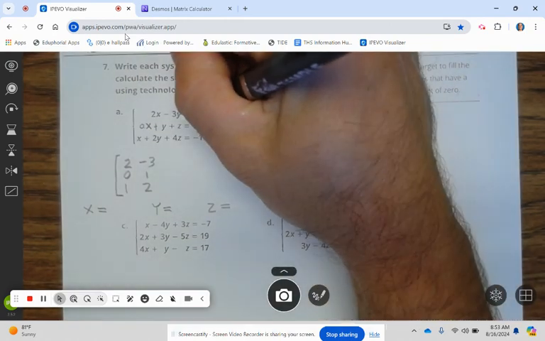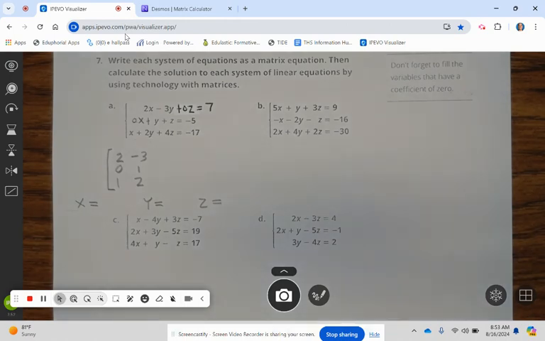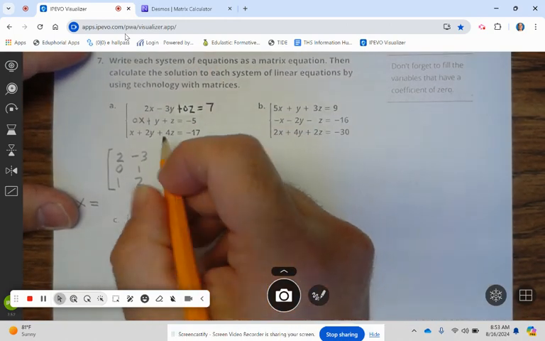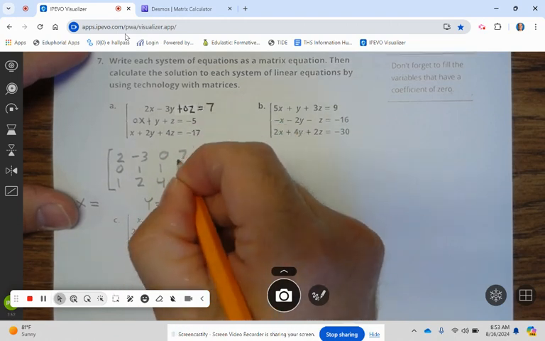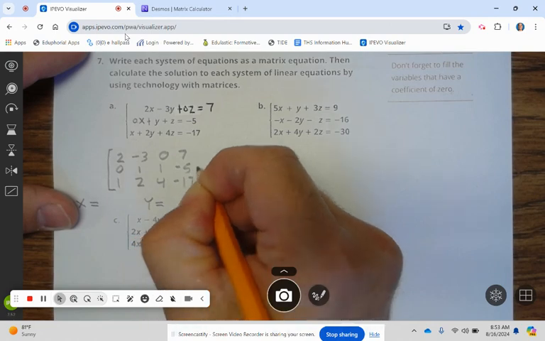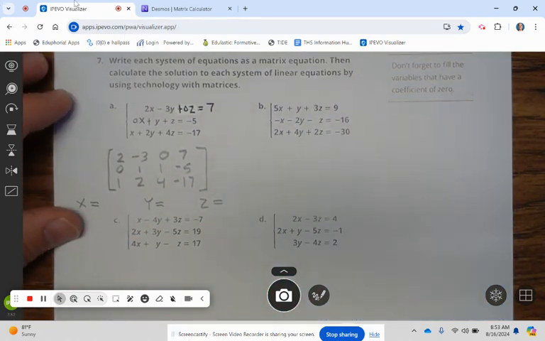Seven. Sorry, I accidentally erased the 7. Okay. So now we have 0, 1, 4. And then we have 7, negative 5, negative 17. All right. Let's go ahead and plug that into Desmos.